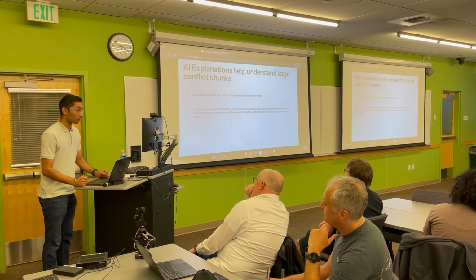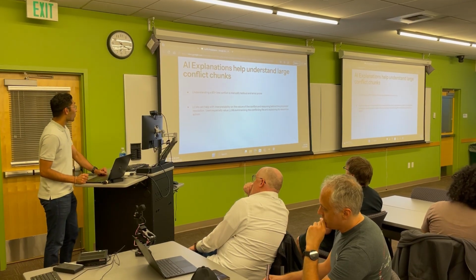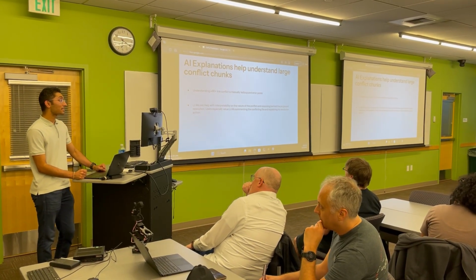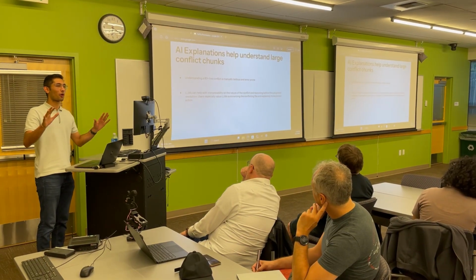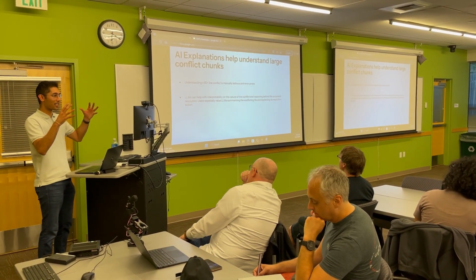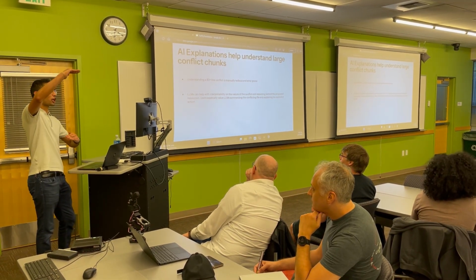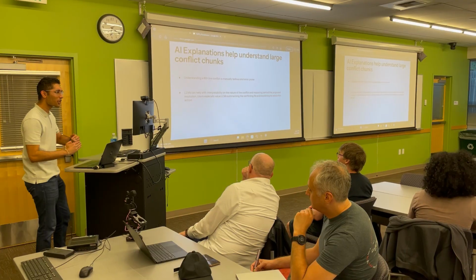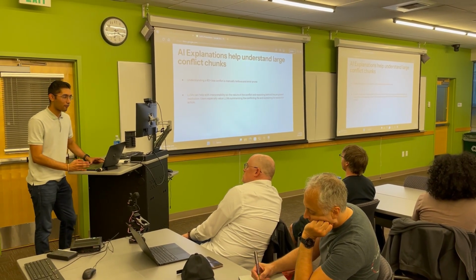Explanations are also really helpful. At the scale of files that I have personally seen, which can be north of even 10,000 plus lines of code, with decades-long projects like Windows and other really mature projects, understanding a conflict chunk that's 80 lines or 150 lines of code can feel very cumbersome for a human.